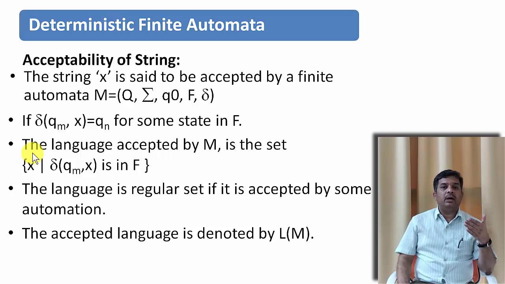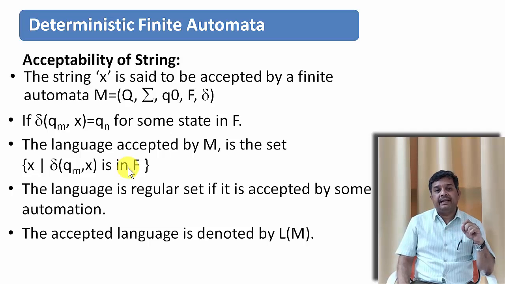In other words, the language is accepted by M if X is a string such that delta on Qm and X is in a final state. As I have already told you, there can be more than one final state. So if it reaches any one of the final states, then we can say the string is acceptable.